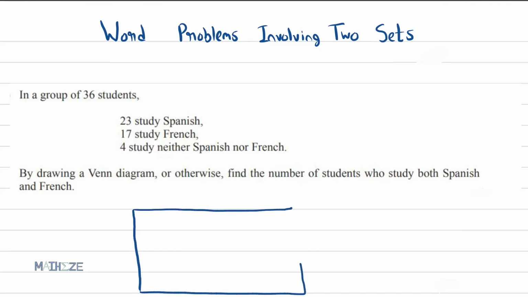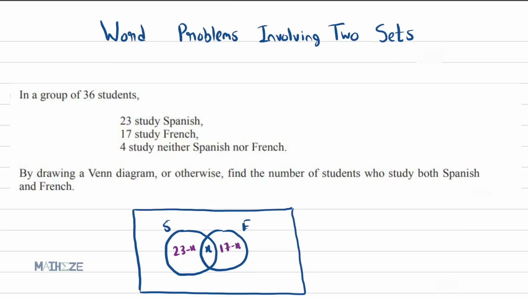It makes your life really easy. We are talking about two things, so make two circles. One for Spanish, one for French. Right, guys? Then it says 23 study Spanish, 17 study French. But we don't know how many people study both. So I write x in the middle. So my Spanish will be 23 minus x and French will be 17 minus x.